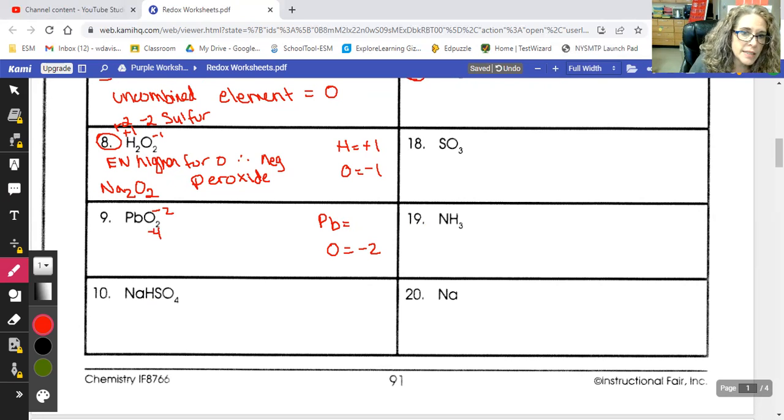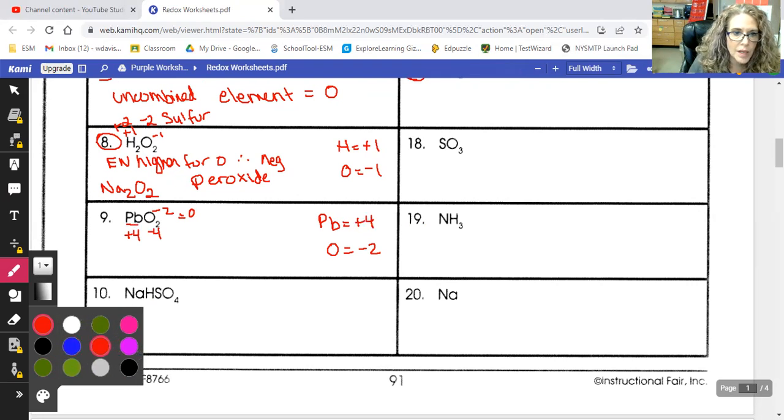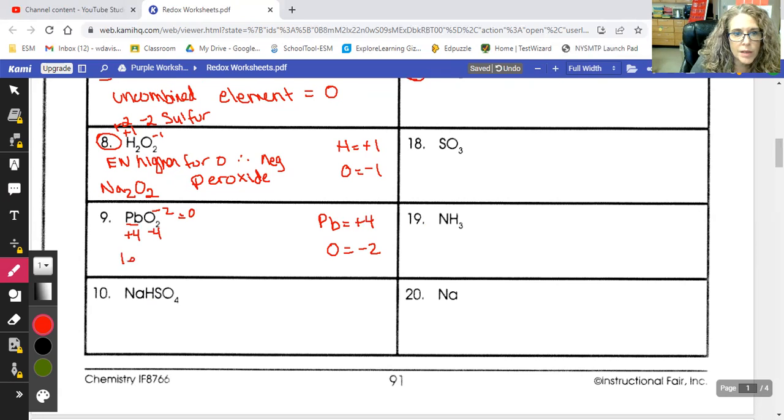So the sum of the oxidation states has to equal 0, which means this lead must be +4. So that's the oxidation state of my lead. So when I name this, the metal gets its whole name, lead. Because lead is a transition metal and it has more than one oxidation state, it needs a Roman numeral, and the Roman numeral tells you the charge.